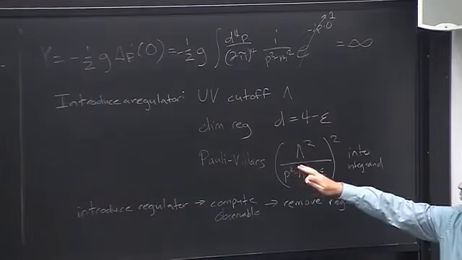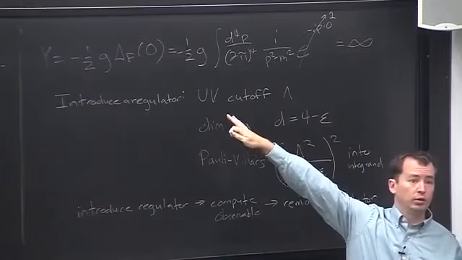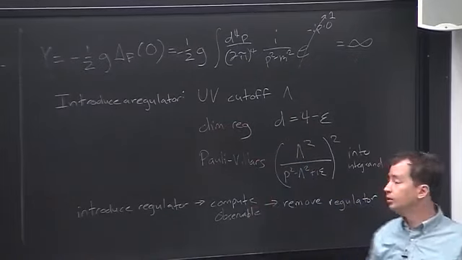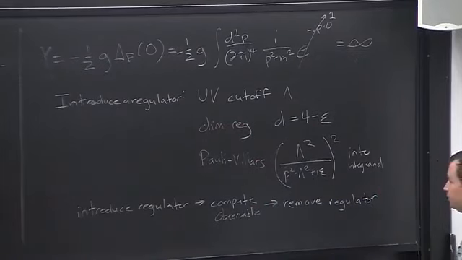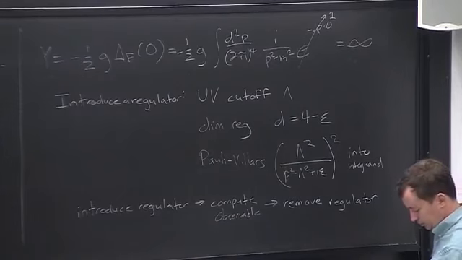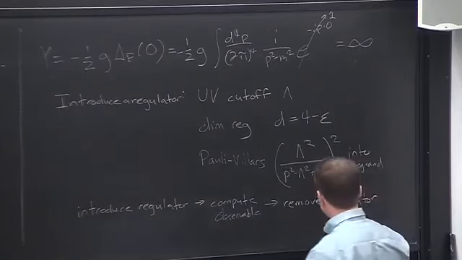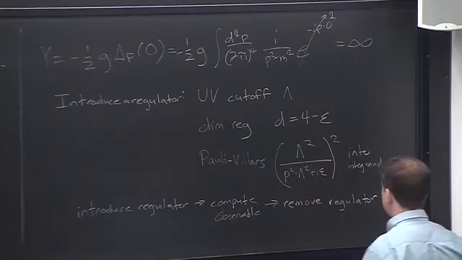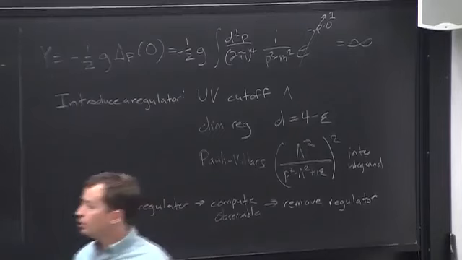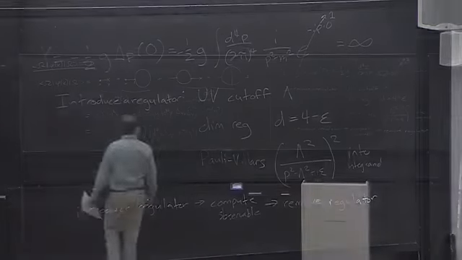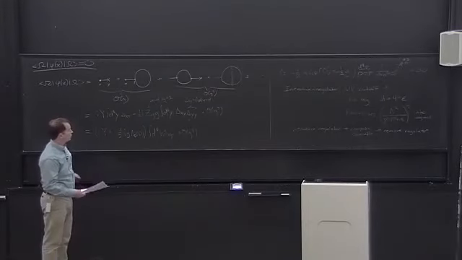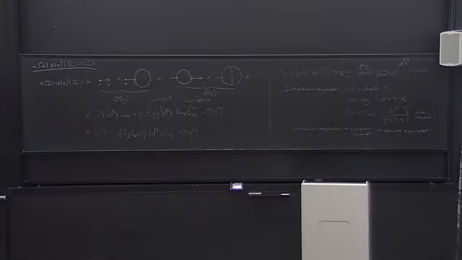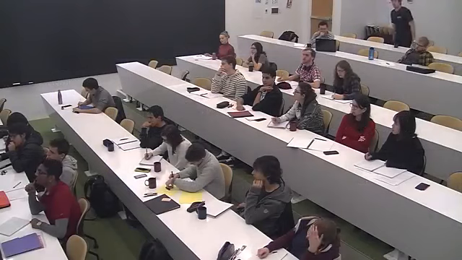So that's what we could do here to deal with the issue that this counter term is divergent. And so for many of these other counter terms, we'll have to go through this procedure.